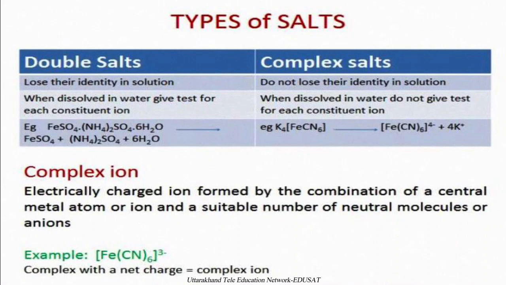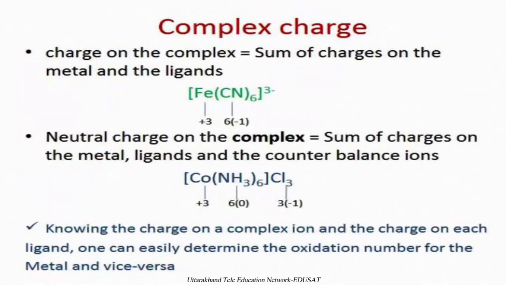We can define it as a complex ion because a centrally located ferrous metal atom, in the form of an ion, is combined with a suitable number of neutral molecules or anions. Here the anion is cyanide. So hexacyanoferrate is the complex ion.